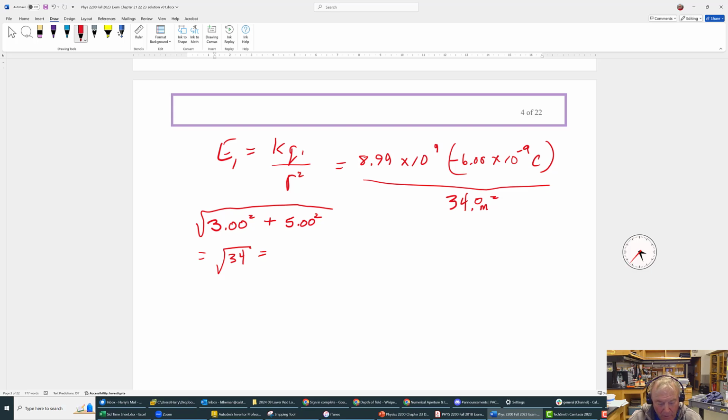And I'm calculating away. 34. Oh, wait a minute. That's 34. It's not meters. Yeah, it is. That's fine. It's meters squared. And then I take the square root. But if I square it, I know it's going to be 34. Okay.